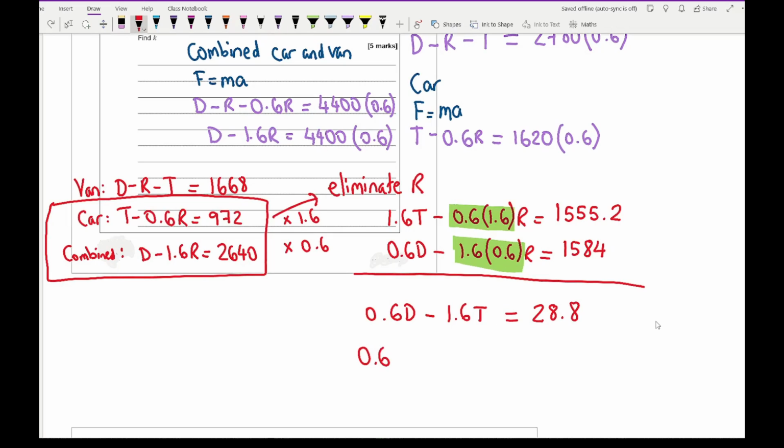So 0.6D minus 1.6 lots of T, and T we were told is kD minus 18 equals 28.8. So I've replaced T in this equation with kD minus 18, which was given to us in the question. So we just continue on.